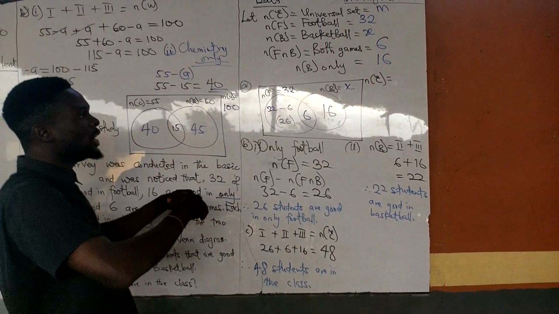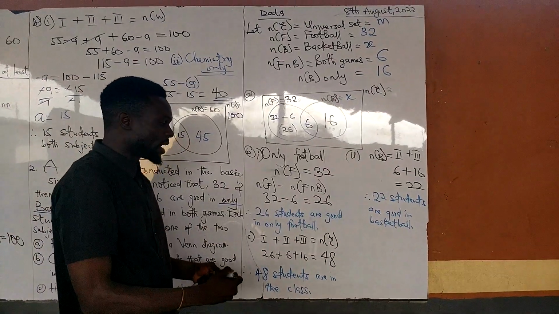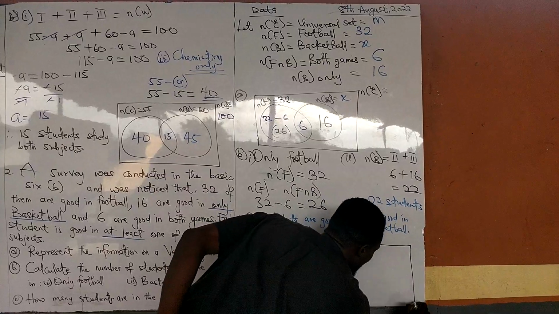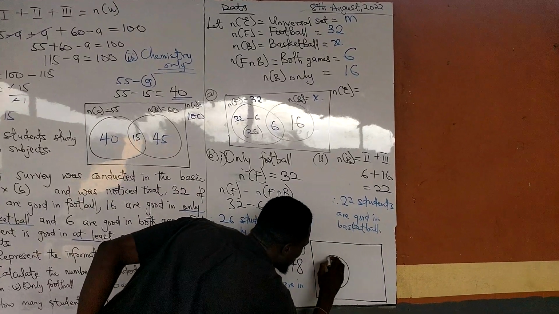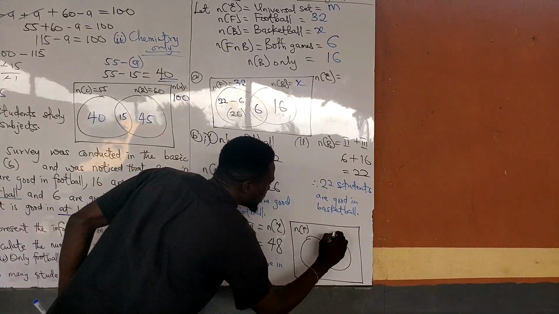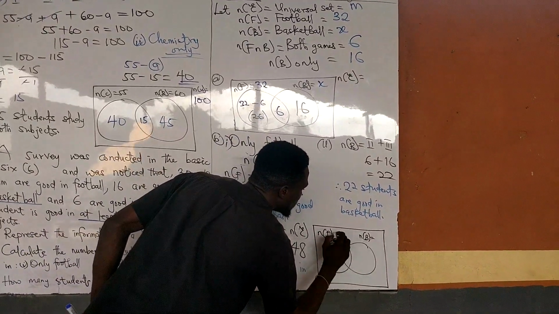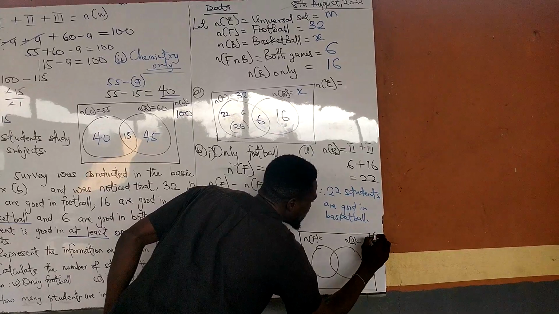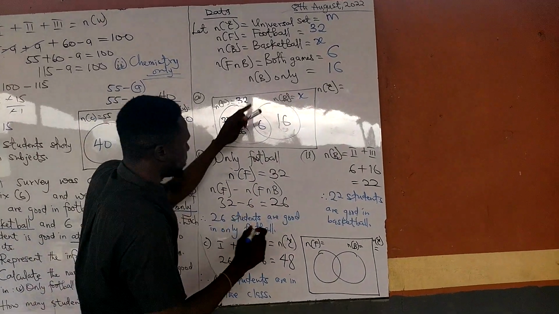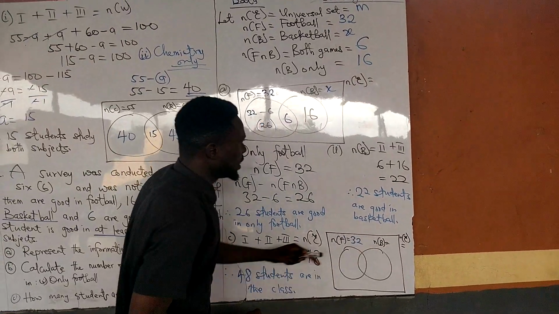So we can choose to redraw our Venn diagram to illustrate the information there. So we have two balls intersecting. We have the number of F, the number of B, and this is the universal set. The number of F here is 32.